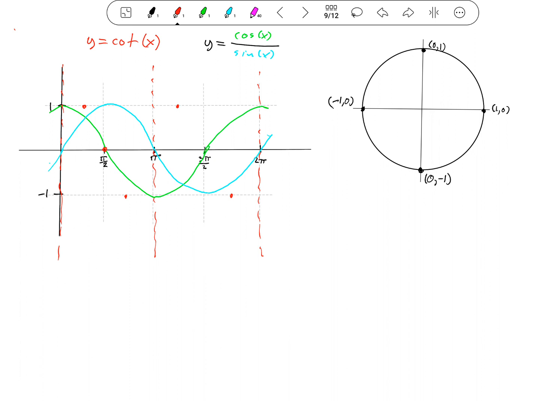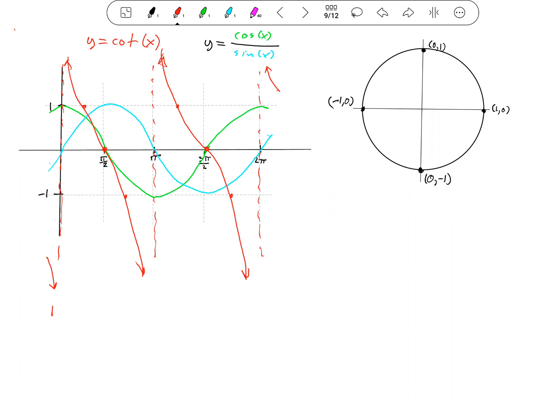So we're going to get that point and that point. And what we're left with then is a function that looks like this. And that's what the cotangent graph looks like.